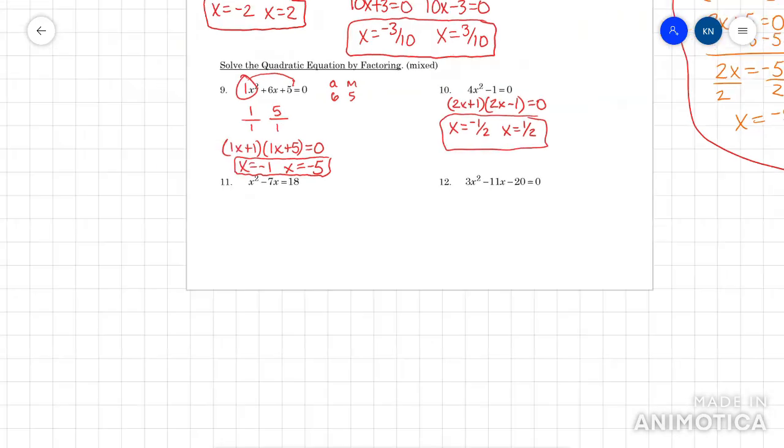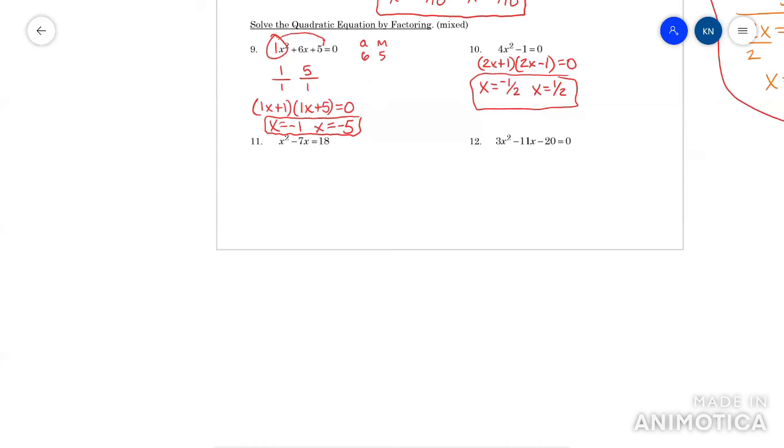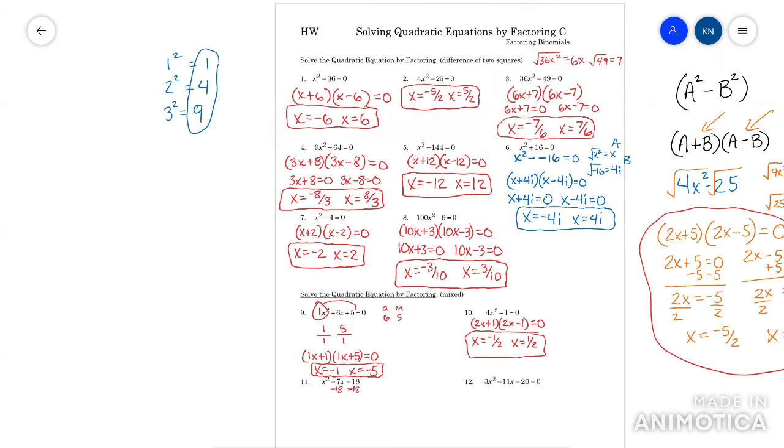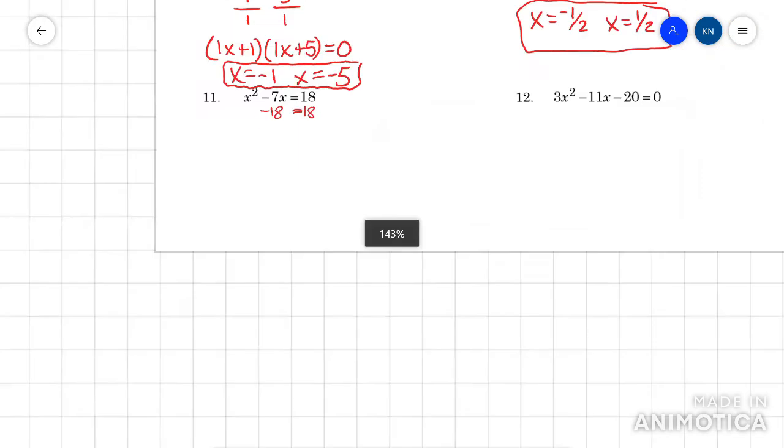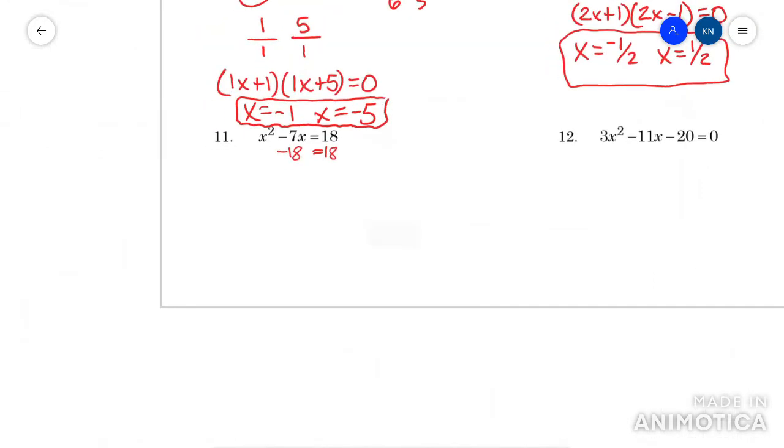Okay, this next one is a trinomial. You don't know that yet because you haven't moved the 18. You have to minus 18 first. All right, so now I would rewrite it, x squared minus 7x minus 18 equals 0. Factor it like a trinomial.